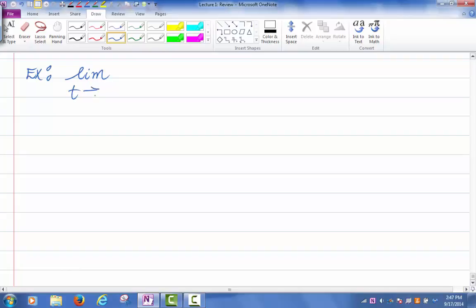The limit as t goes to 0 of the root of t squared plus 9, minus 3, divided by t squared.